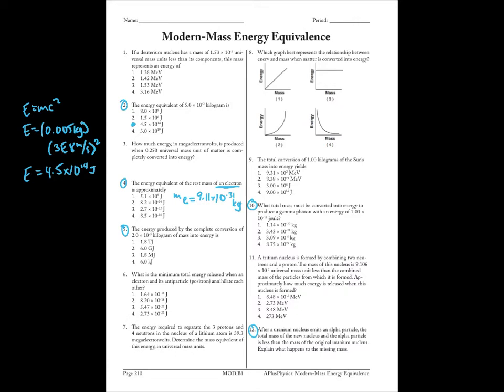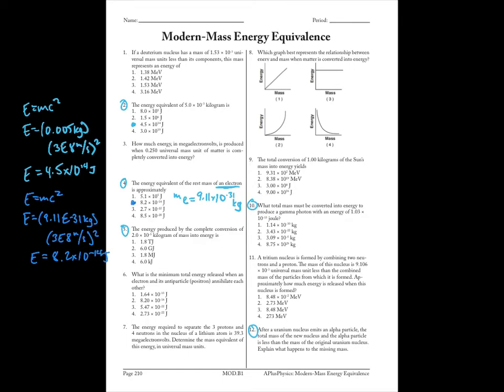So again, E equals mc squared, solving for E. You'll get 8.2 times 10 to the negative 14th joules, and that's choice 2.